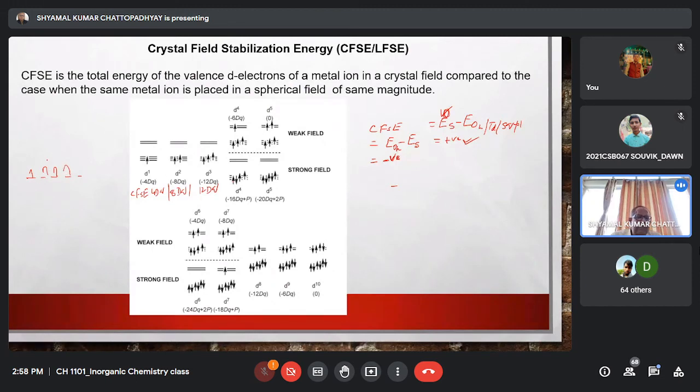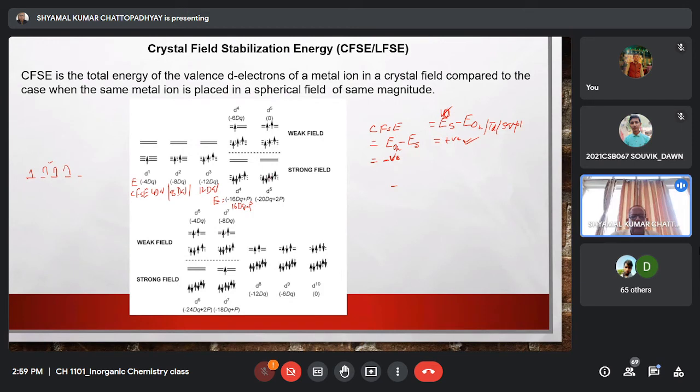So compared to the spherical field, there is one additional pairing, and this pairing energy is positive. So here the energy of the system is minus 16 Dq plus P. The CFSE will be the negative of that, so the crystal field stabilization energy is 16 Dq minus P.